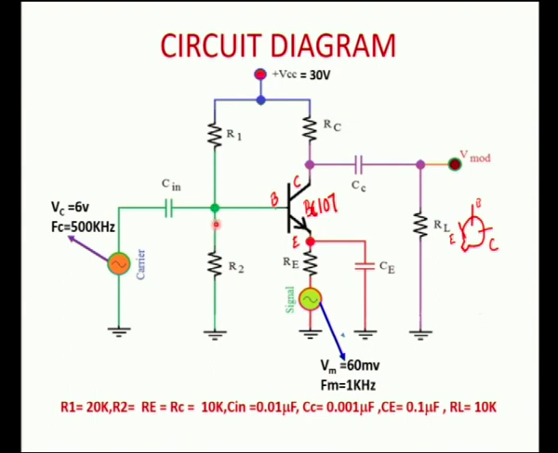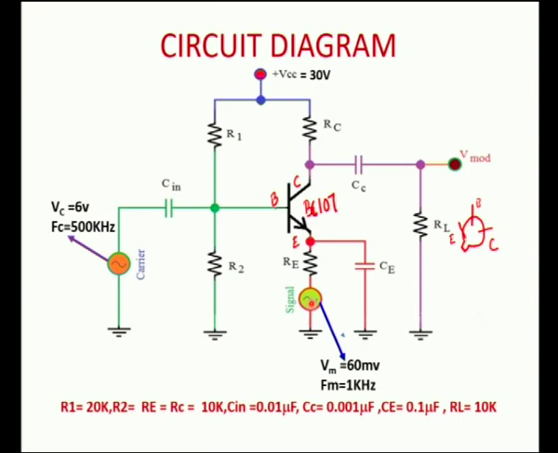This is done to bias the transistor in order that it will fruitfully respond to the carrier signal which is provided to the base of the transistor. So, R1 is 20 K, R2 is 10 K. Then you have an emitter resistance Re, which is also about 10 kilo ohms. To the emitter resistance you need to connect a function generator.